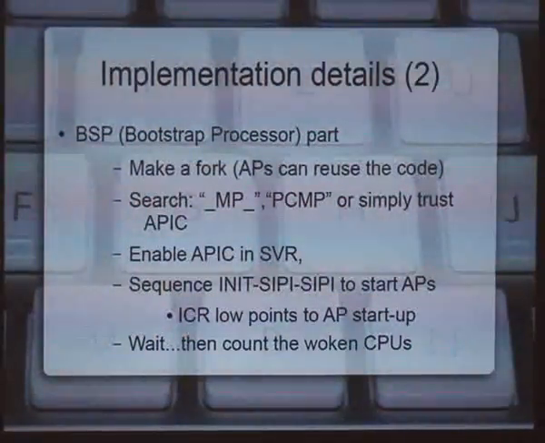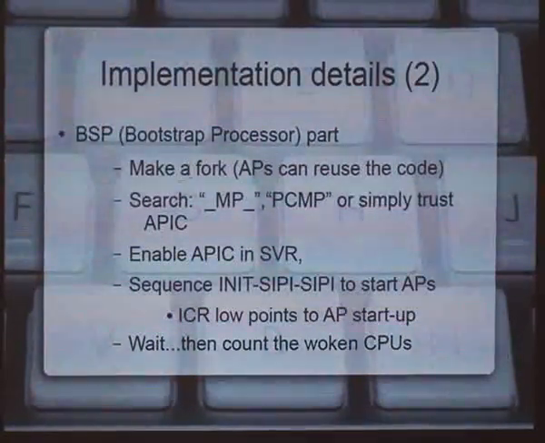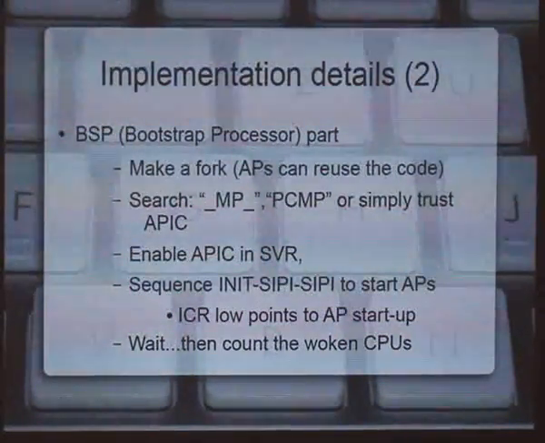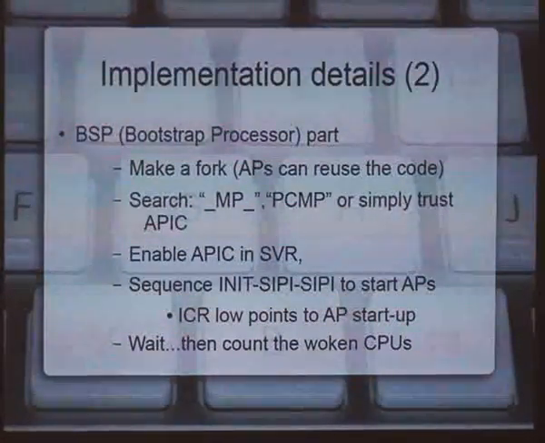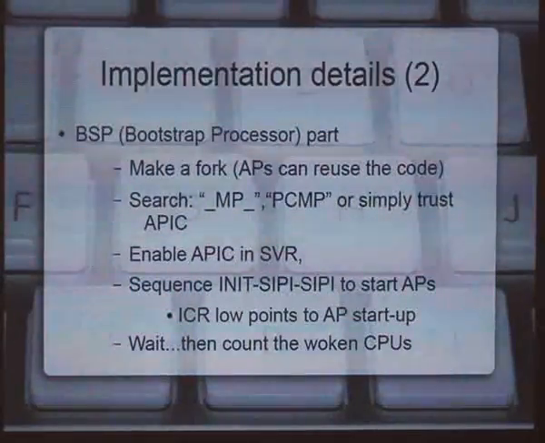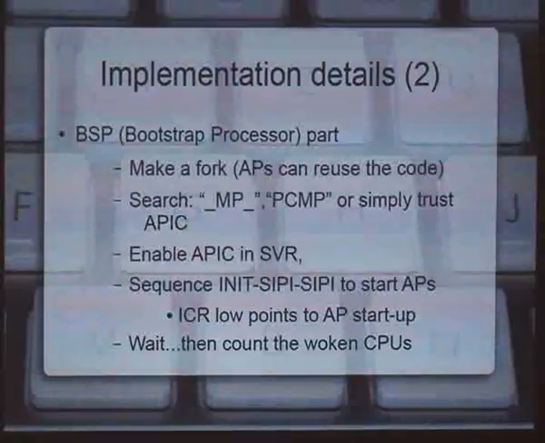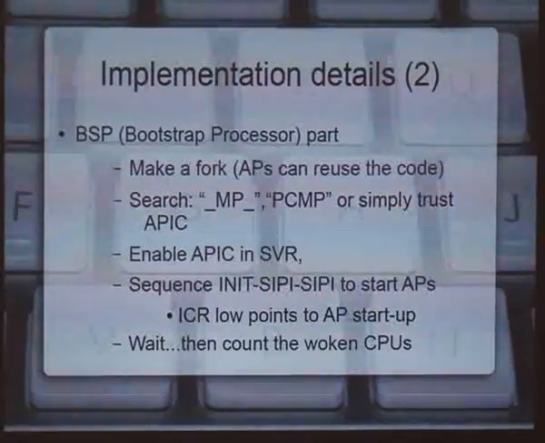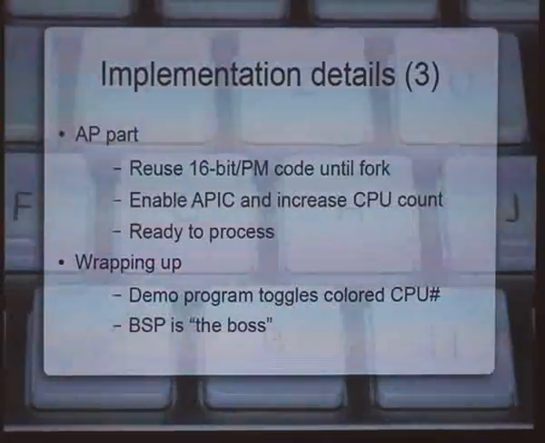But since I'm going to wake all the other processors, there's a 2-bit shorthand which says wake up all processors. And I write just the ICR low part and the APs start up magically. And there's a waiting part, 200 microseconds or so, and then you count the woken CPUs and see if any of them woke up.